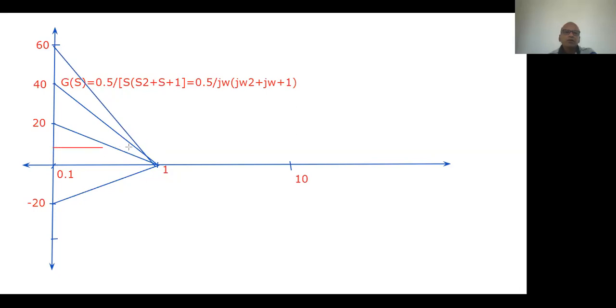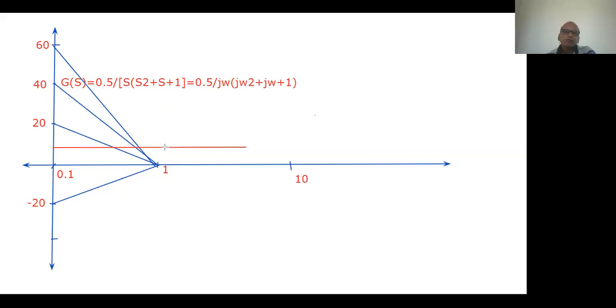If you draw a line of this, then if you consider this j omega, that is 0.5 divided by the j omega, it means a straight line with a slope equal to minus 20 dB per decade, passing through 20 log 0.5 to the base 10, approximately equal to 6 dB at the corner frequency equal to 1.